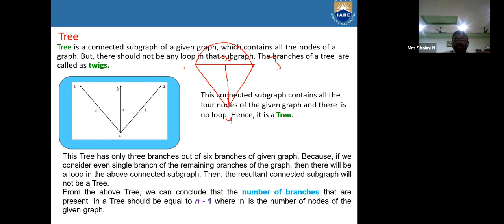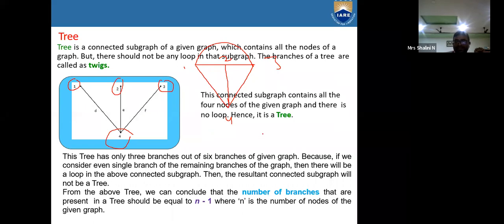When forming the tree, first you have to mention all the nodes. I mentioned here the first node, second node, third node, and fourth node. After that, we have to write the branch elements by making an open path. So this is the first part.